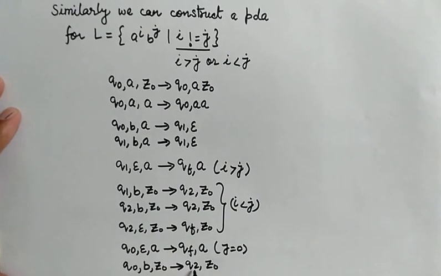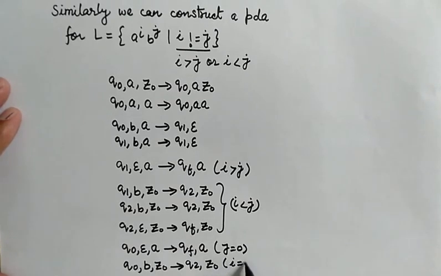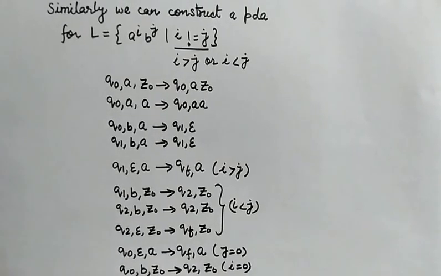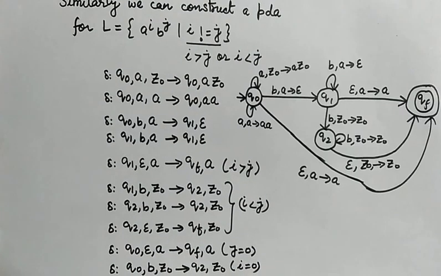And at this Q2 state, we will read all the B's. And after B, end of string will come, and we will move to a final state. So this move we will define when the value of I is 0. And this is the transition diagram for the same PDA.